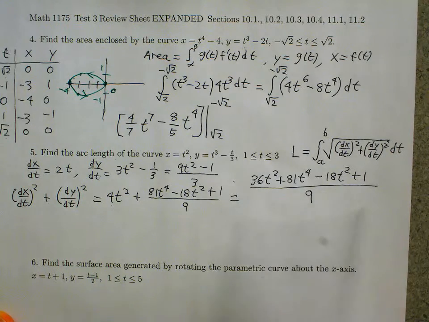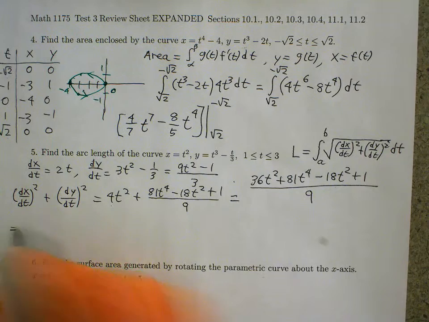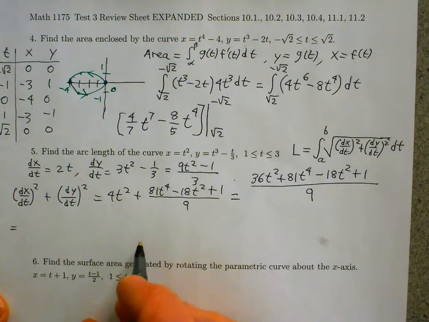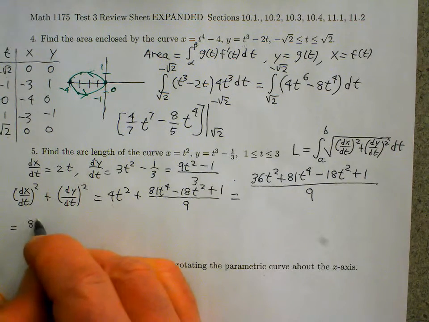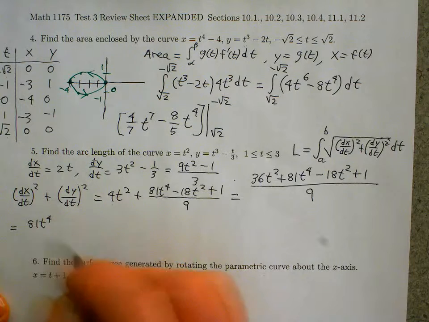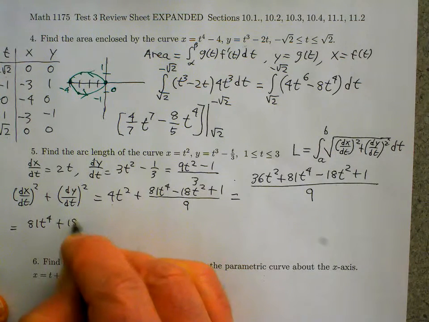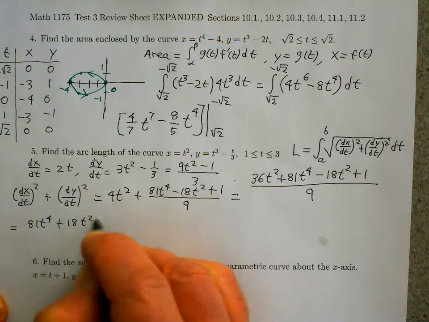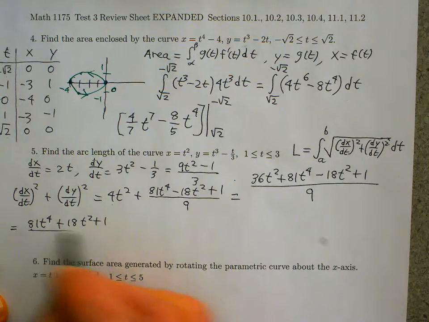And then combine like terms in the numerator. We get 81t to the fourth plus 18t to the second plus 1 over 9.